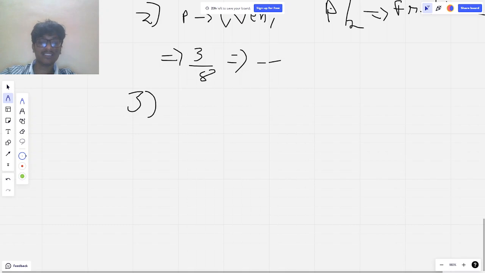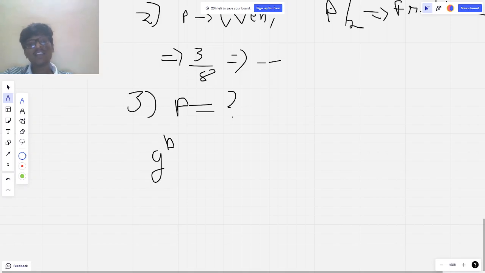The third problem is: what will be the p? We need to find p such that g power p is a multiple of n plus 1.